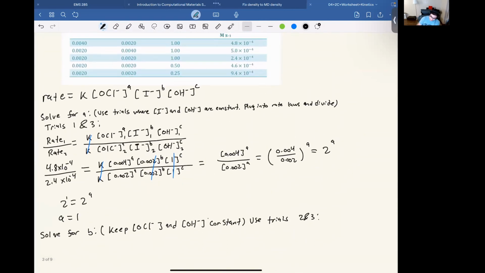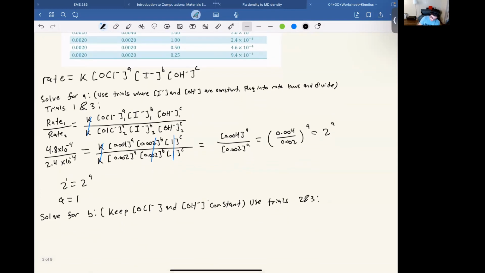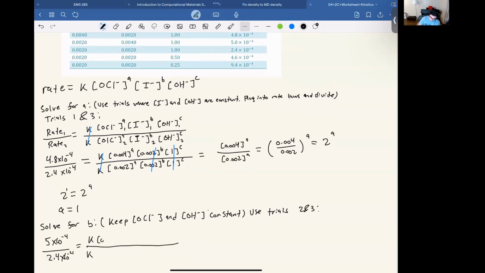So plugging in, let's see, we have rate 1, so trial 2, that's 5 times 10 to the negative fourth divided by 2.4 times 10 to the negative fourth. We have the K's. You have the OCl minus from trial 2 is 0.002.